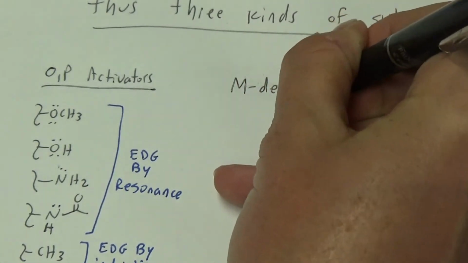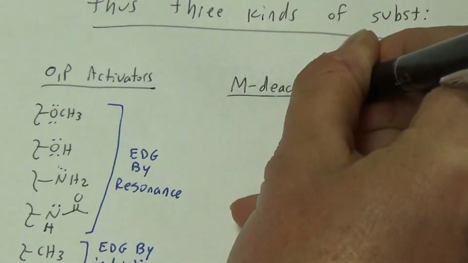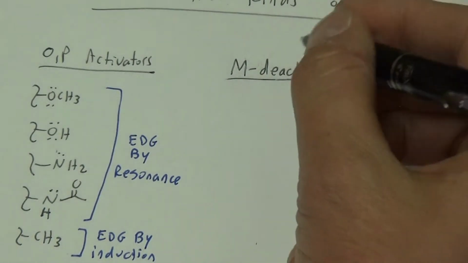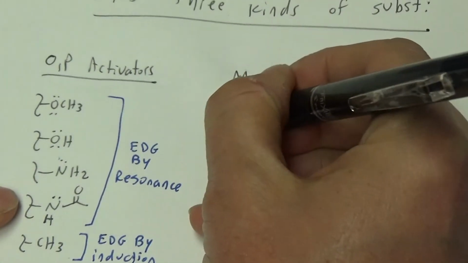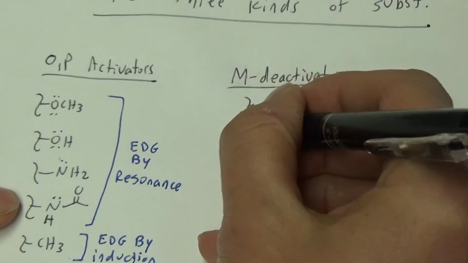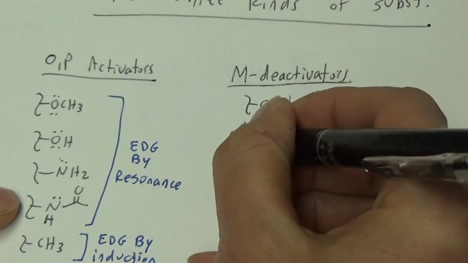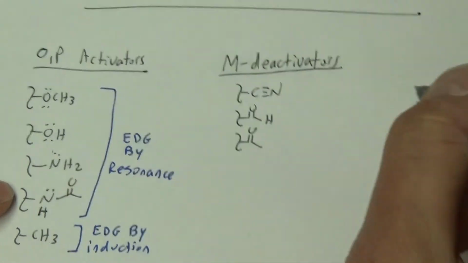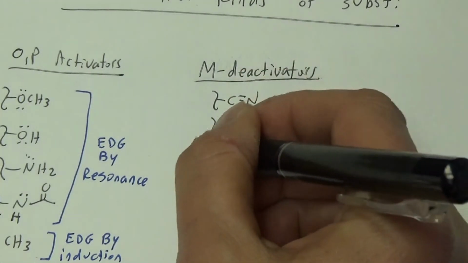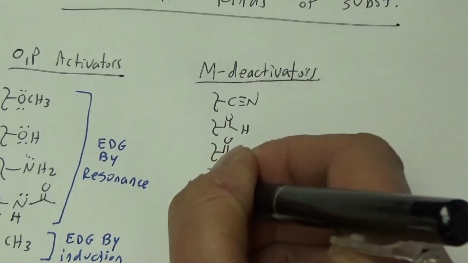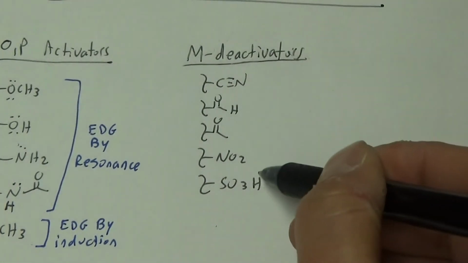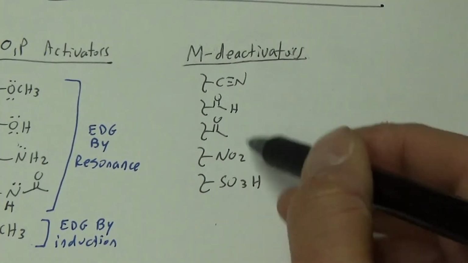They're meta directors, and they're deactivating, meaning they're a little slow. So what are the options? We have like nitrile, aldehyde, ketone, all of those kind of C-double-bond-O, C-triple-bond-N, nitro, SO3H, all of those kind of things. It's like one atom's connected to an oxygen or nitrogen or whatever.